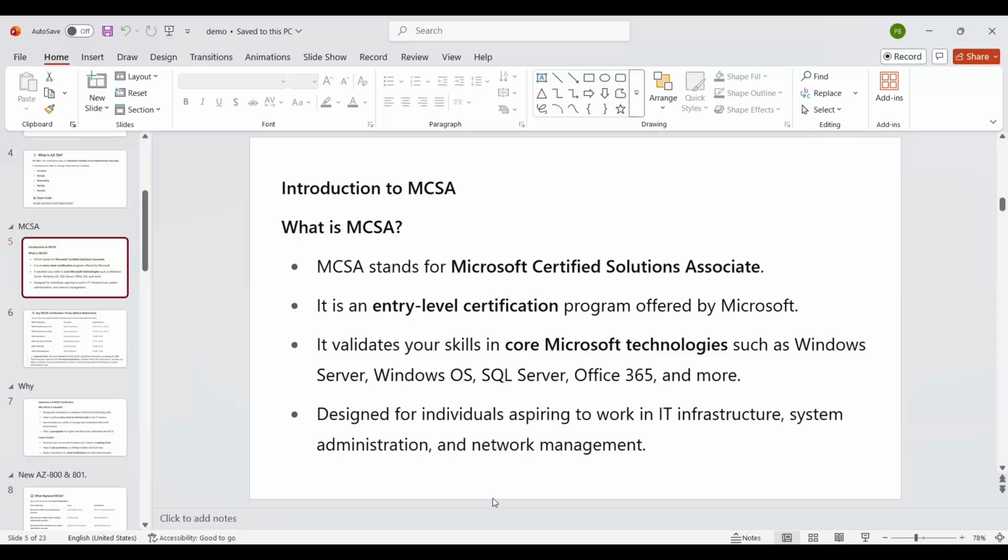It is designed for individuals aspiring to work in IT infrastructure, as a system administrator or in network management. So this is the ideal certification for IT support engineers, infrastructure engineers, right? The system administrators. It is a very good certification that will validate your skills.